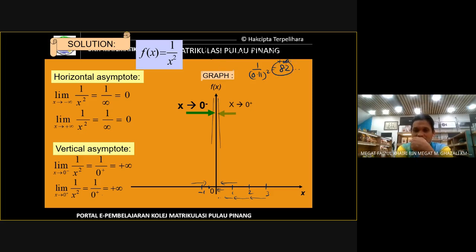If we sketch the graph and make a line here, you will get one complete graph of something like this. And also this one here, something like that.